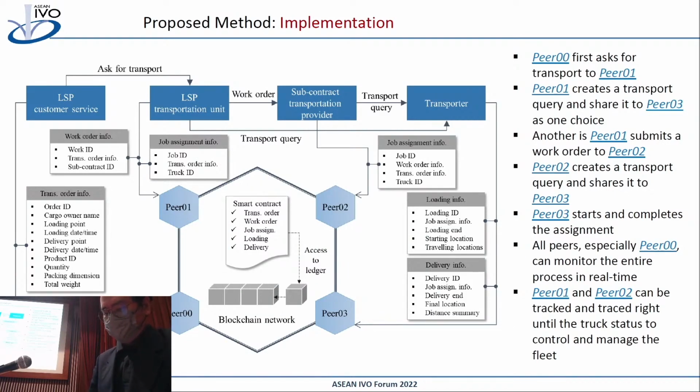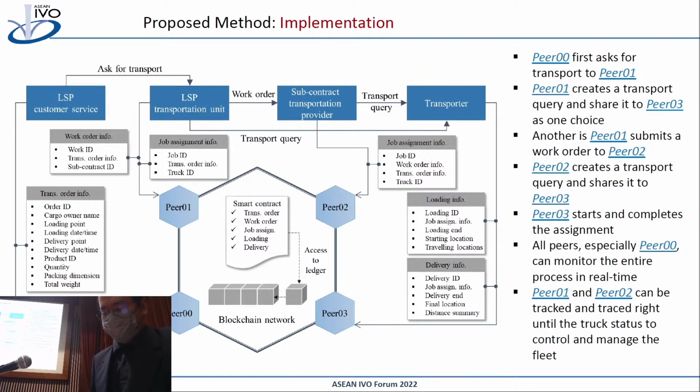related to the business operation of the logistics provider, first, peer 00 asks for the transport from peer 01 with transportation information. Peer 01 creates a transportation query and shares it to peer 03 with job assignment information as one choice.